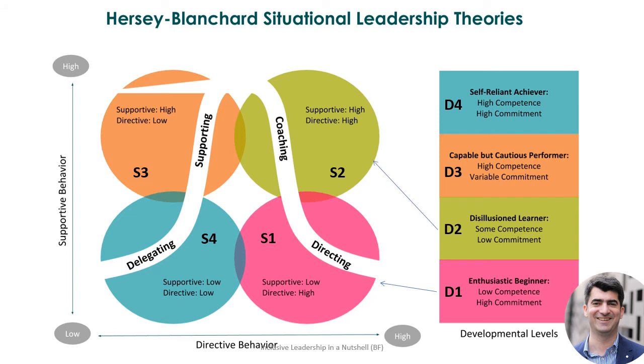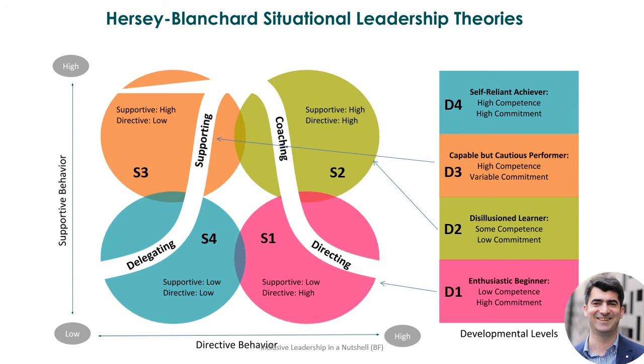And if your team members, let's say, have D2 level skills, for example the employee has been on the job for a little while, so could develop some skills and gain some more confidence, you can use the coaching style to boost the confidence level of the employee.